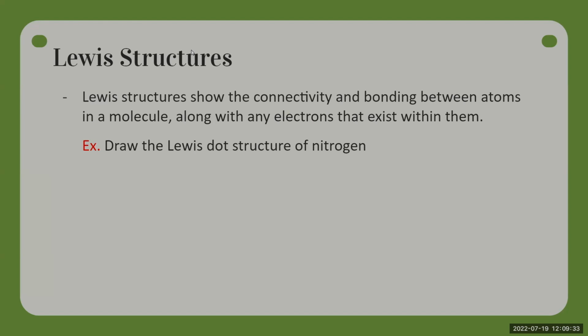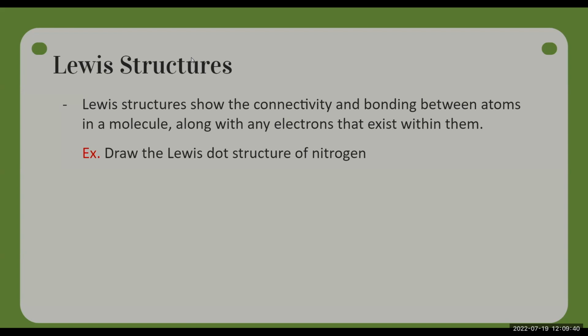Remember that Lewis structures show the connectivity and the bonding between atoms in a molecule, along with any electrons that may exist within them. For example, if I were to draw the Lewis dot structure of nitrogen, we draw N, and then we count.